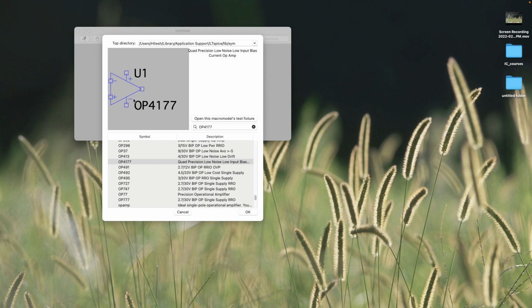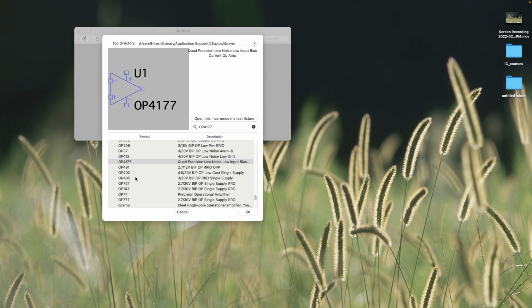Those simulation results will give you confidence that this circuit will behave and work like this. So before making the exact circuit on a printed circuit board or on a breadboard, I recommend let's simulate it once, so that it will give you the idea.